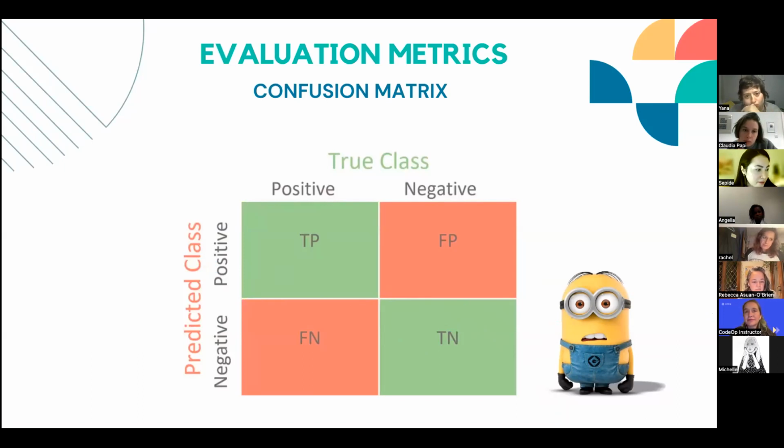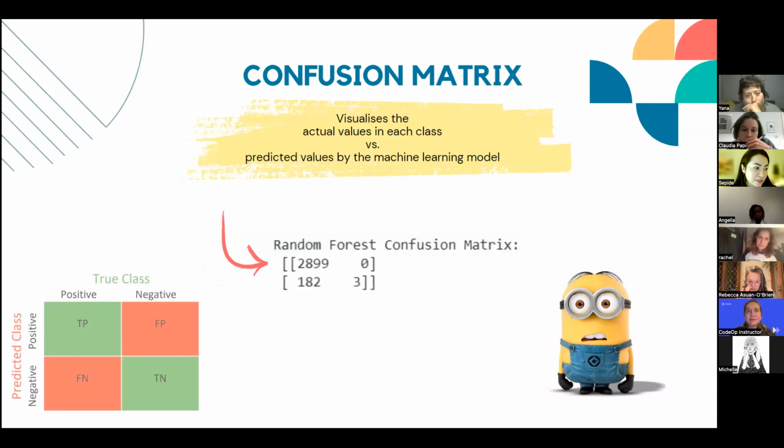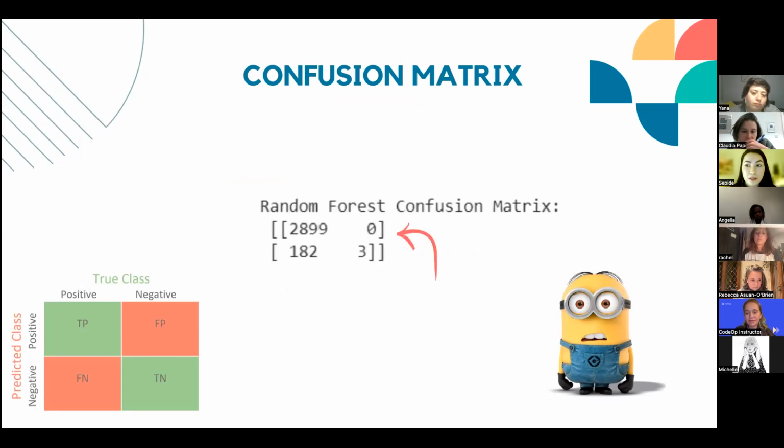So as you can see here, for example, in this random forest model, our model correctly predicted 2,899 non-fraud cases out of 2,899. Very good. And 0 false cases here, which is again good.